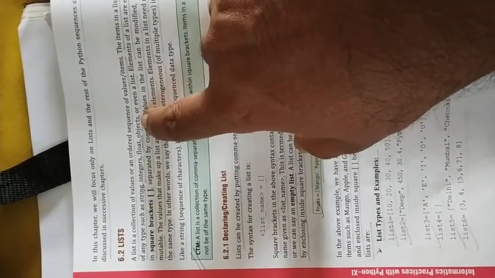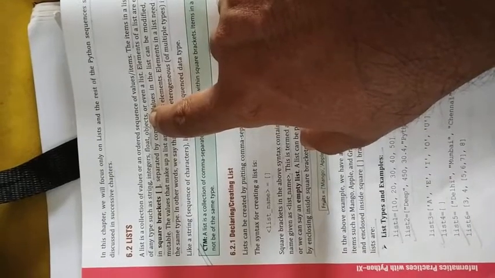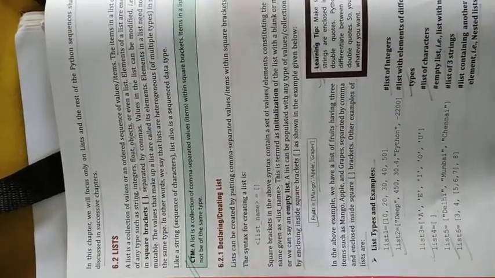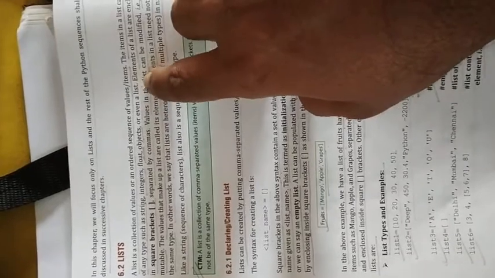Decimal numbers are known as the floating data type, as we have learnt earlier. Objects such as variables, functions and many other things can be passed, or even a list can be passed inside a list, which is called a nested list.